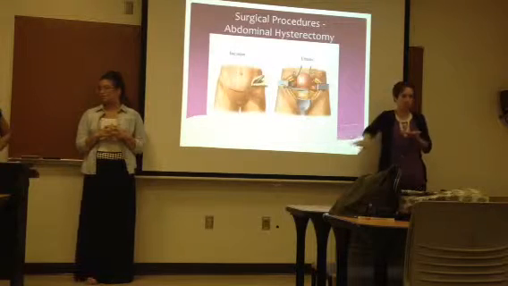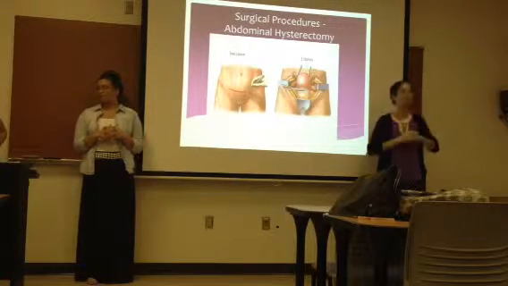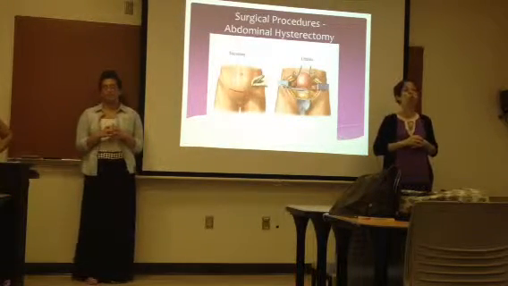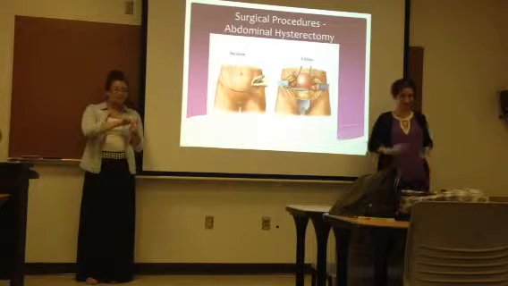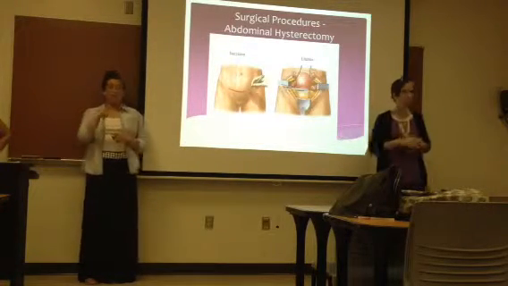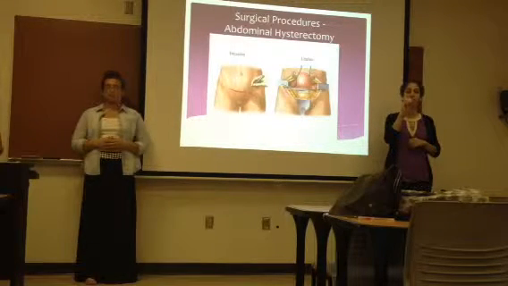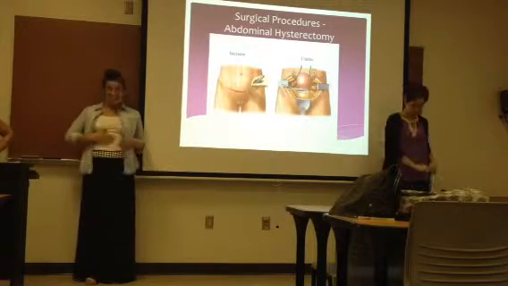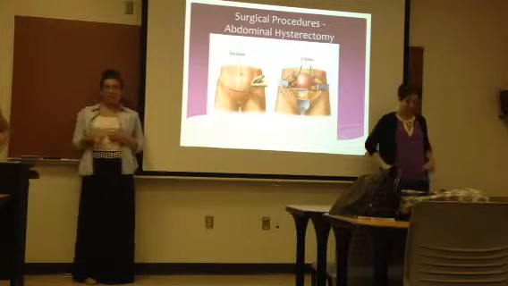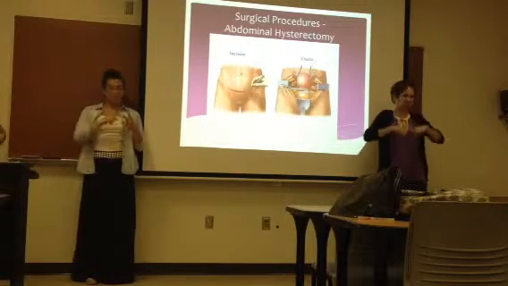Okay, please go on. Alright, the surgical procedures, one is an abdominal hysterectomy, and it creates a 5 to 7 inch opening and you can go in horizontal or vertical on your stomach. It's just above the pubic hairline.